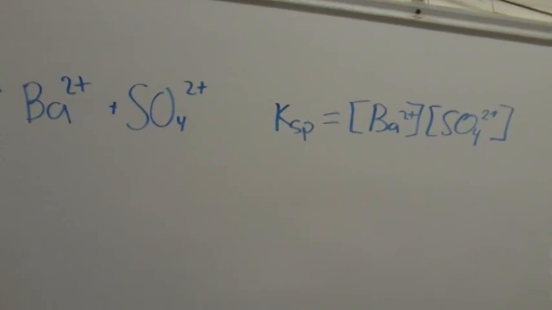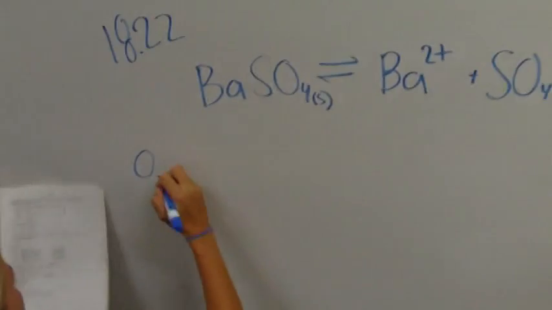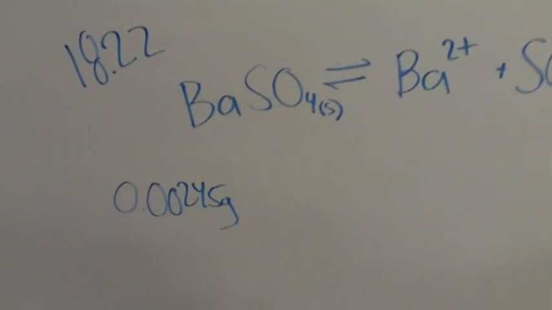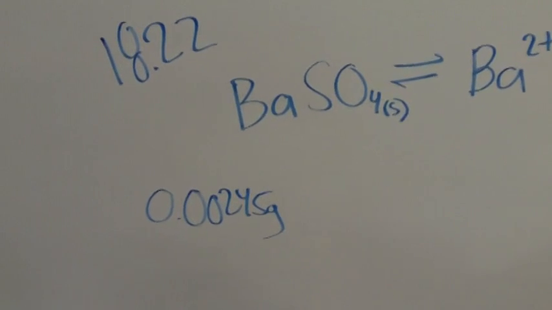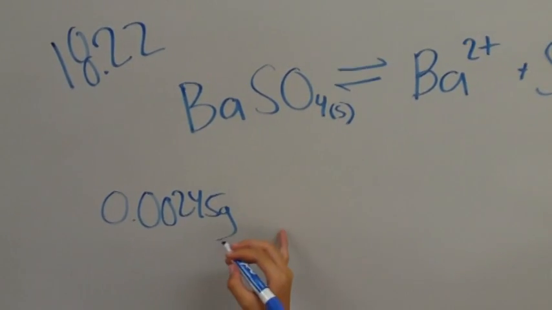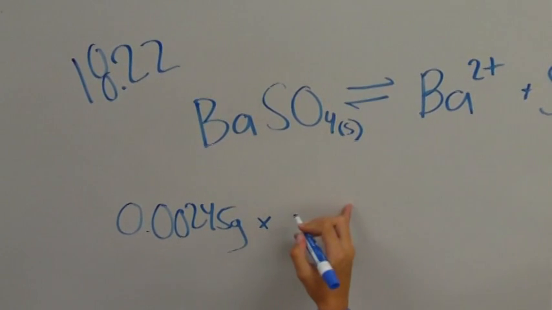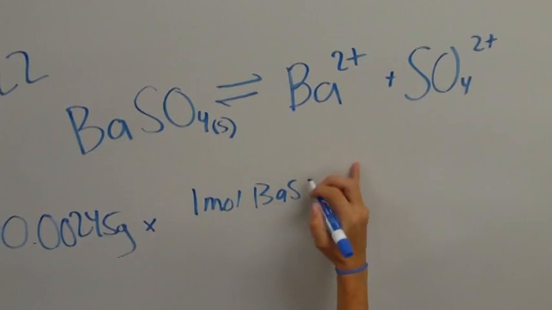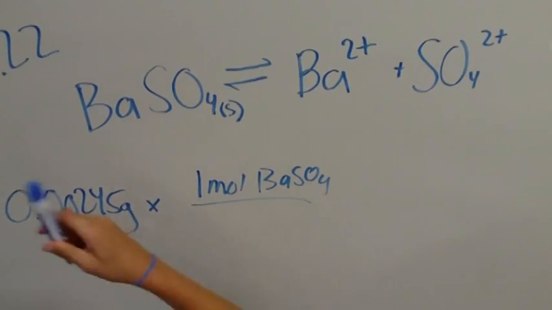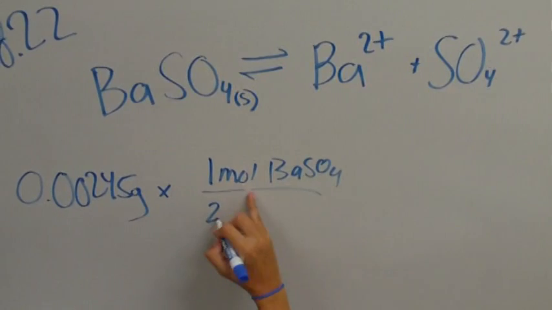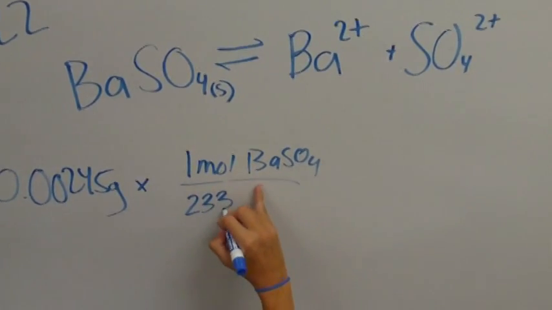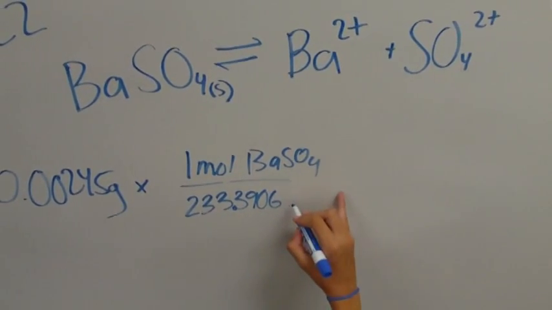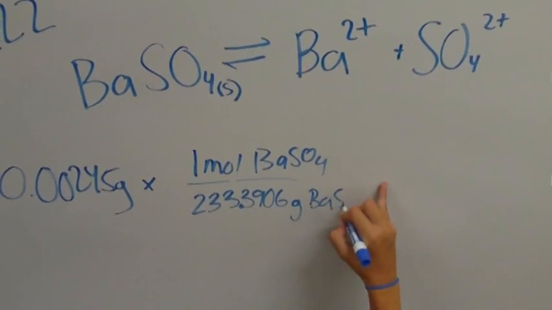We're just going to use some good old dimensional analysis. I think I'm going to do it over here. We have 0.00245 grams, and we're going to multiply that and get moles, so it's going to be 1 mole of barium sulfate, and then using the periodic table, if you figure out the molar mass, it's 233.3906 grams of barium sulfate.